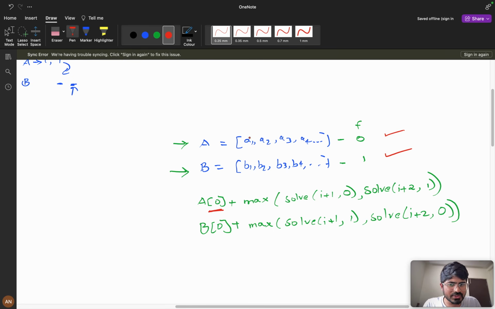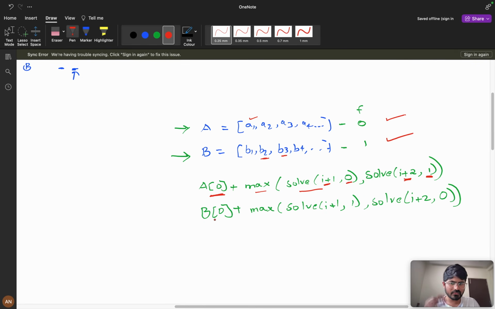After drinking A of 0, if I want to drink the same drink, I will keep the flag 0, that means I am drinking the same drink and I can drink in the next hour. Now suppose you are switching, then you need to cleanse your system. You need to skip this hour and come to i plus 2 and drink B. So you want the maximum of both of these.